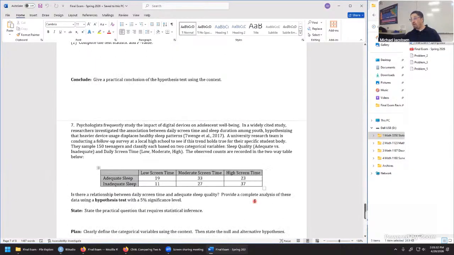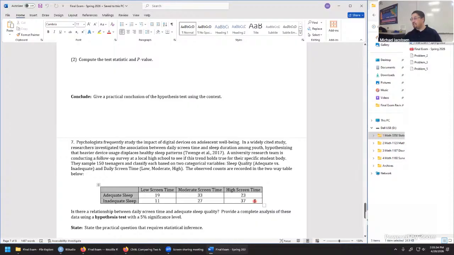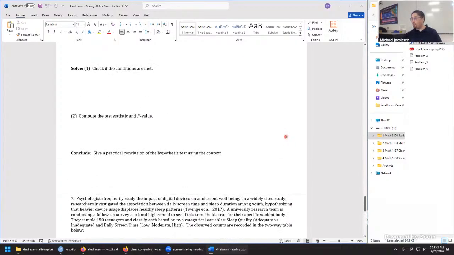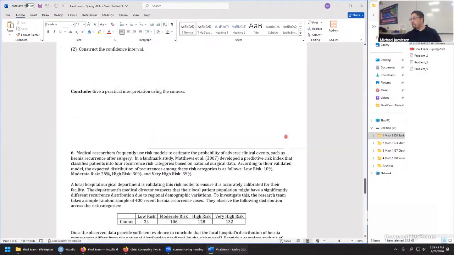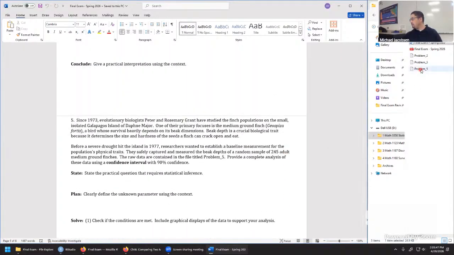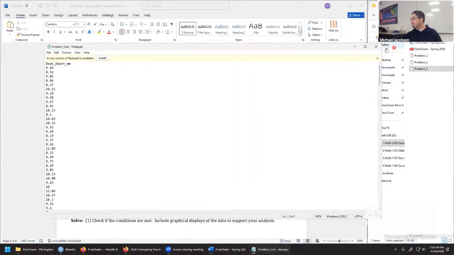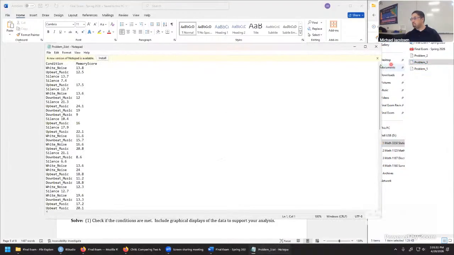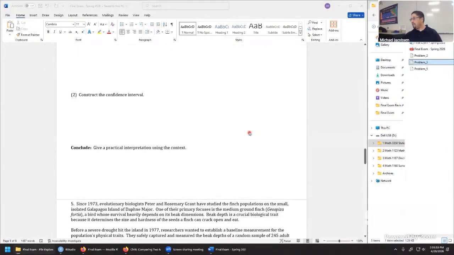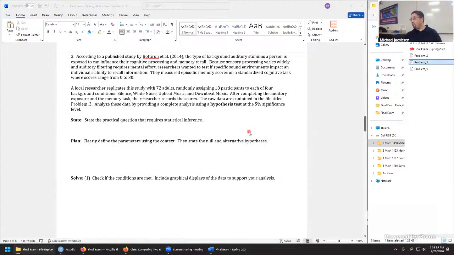I do want to give just one hint because there's one chapter that didn't have a homework assignment, which makes it a little bit extra tricky if you never got feedback on that. It's going to be problem 3. This one is going to be the analysis of variance method.